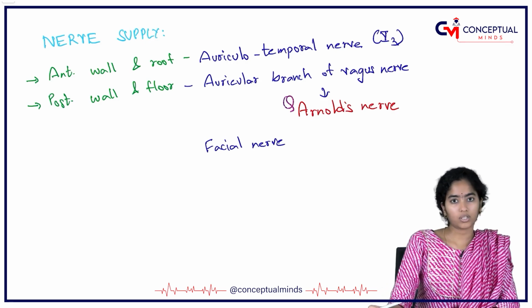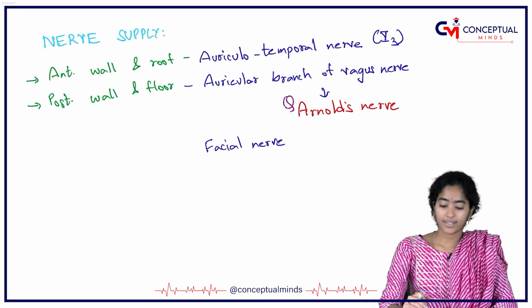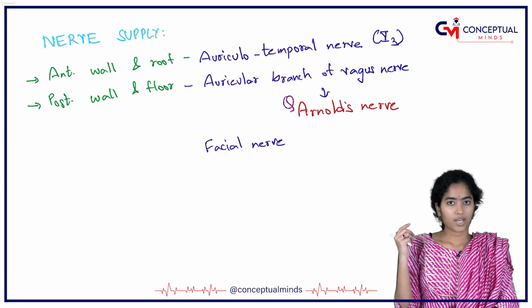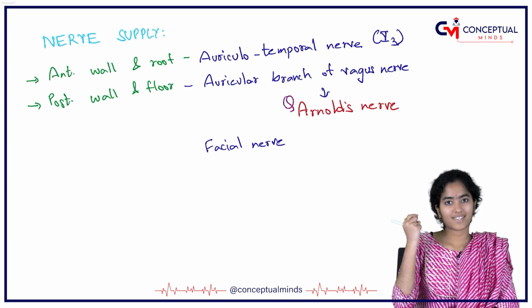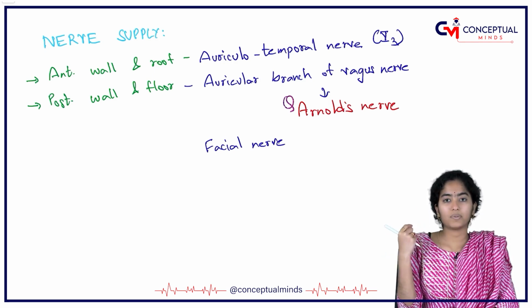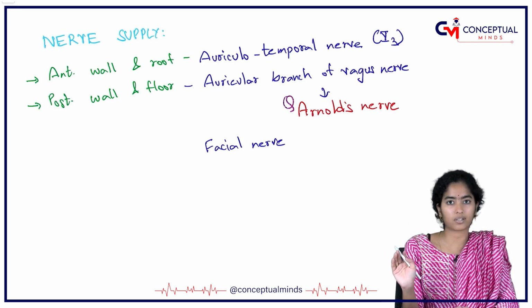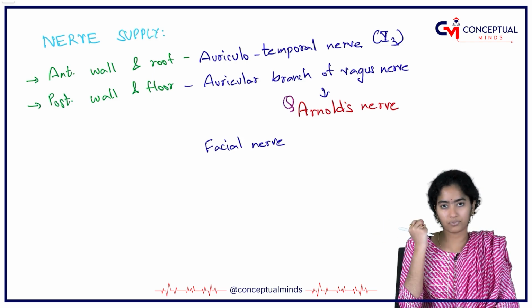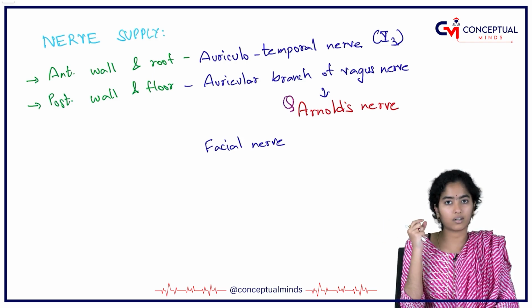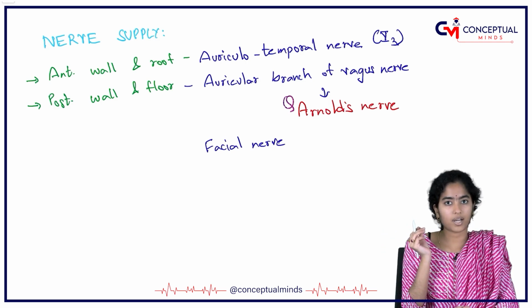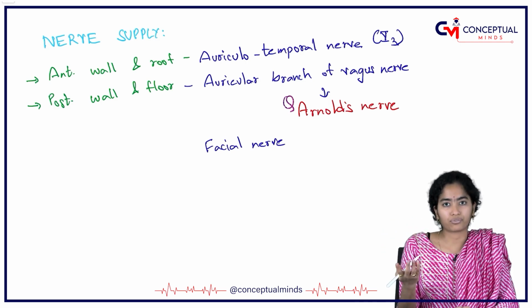Now this is very important to us because these two branches, vagus and facial nerve, have some clinical implications. Let us see. Sometimes when the external auditory canal is scratched or when it is being cleaned, which most of us must have done sometime, although it is a practice to be avoided, we put all sorts of things into the external auditory canal, hairpins, matchsticks, whatnot. When that is done, sometimes the person starts to cough.